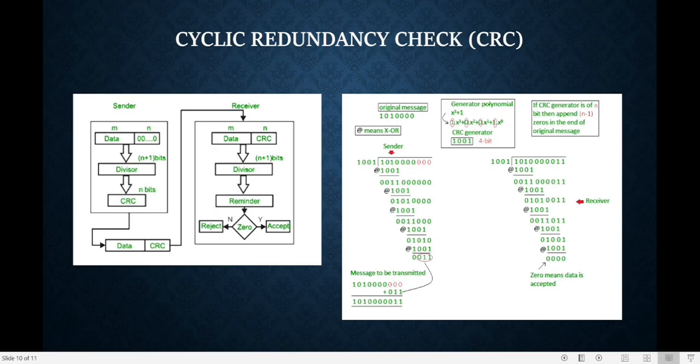A CRC generator uses a modulo 2 division. Firstly, 3 zeros are appended at the end of the data as the length of the divisor is 4. And we know that the length of the string of zeros to be appended is always 1 less than the length of the divisor.